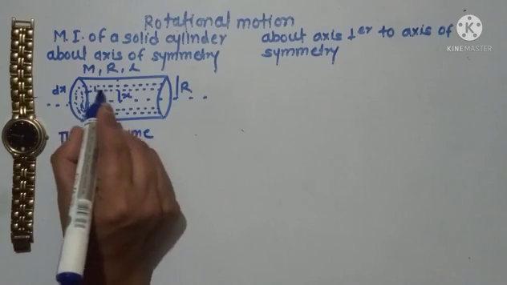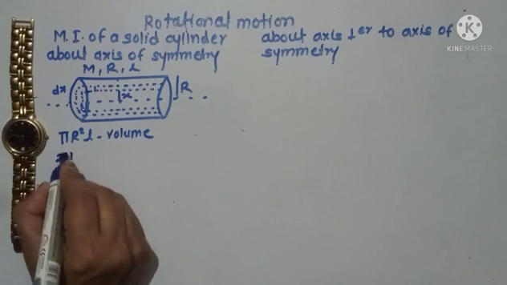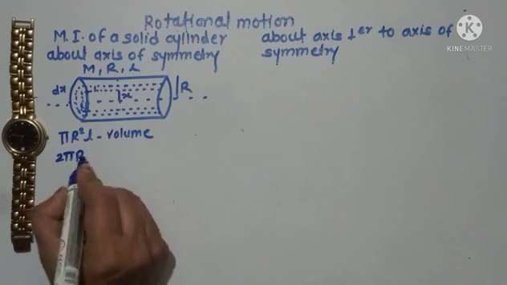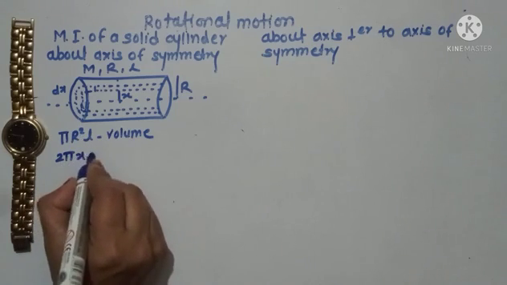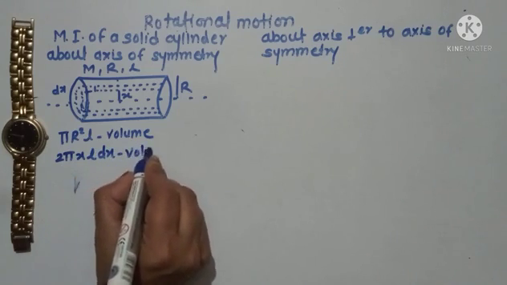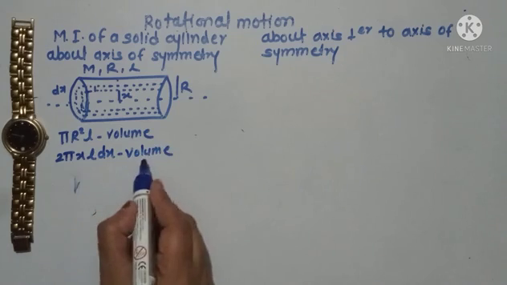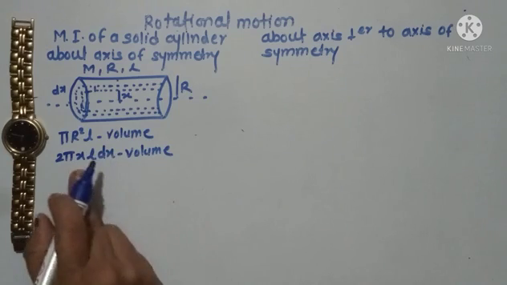Now the volume of this coaxial cylinder will be 2 pi x into l into dx, that is 2 pi x l dx.